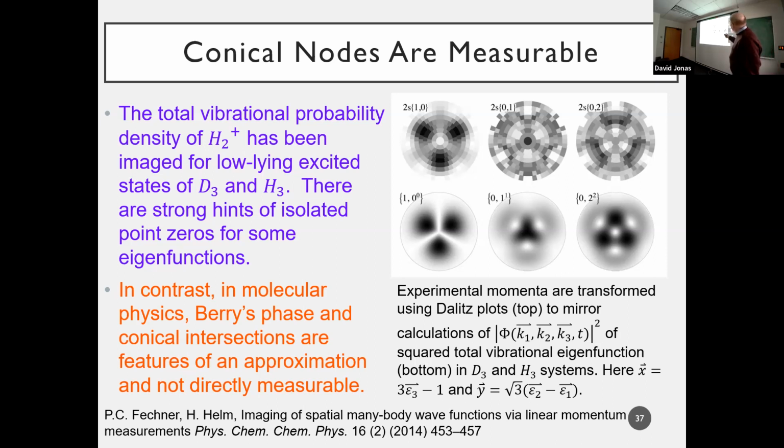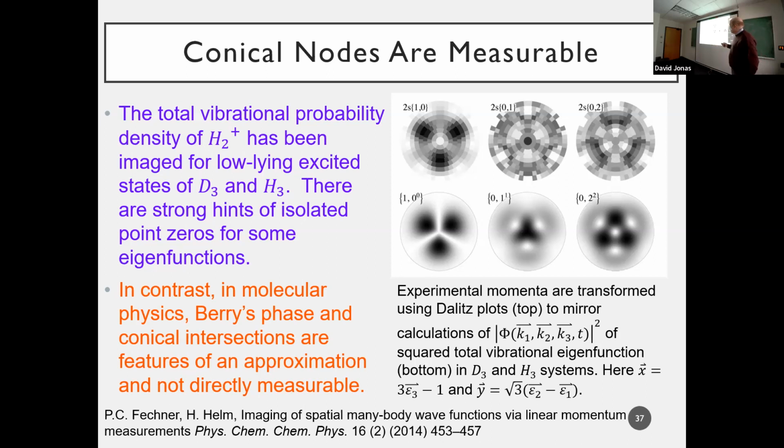Some of their measured plots look like they possibly have isolated point zeros in them, of the type that you would expect in the probability density for these kinds of conical nodes. You're never going to be able to prove a zero experimentally, but you can get closer and closer to measuring it.